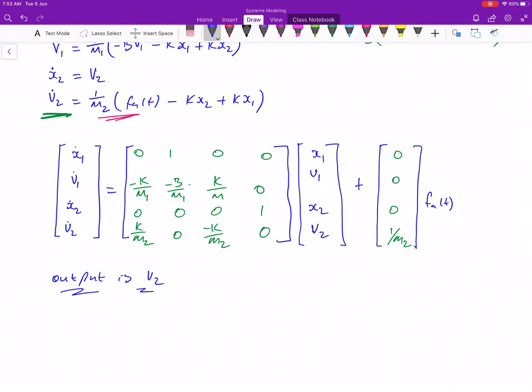So again, we are going to write our matrix output form. So we have x1, v1, x2, v2, and we are just going to distribute a 0 at x1, 0 at v1, 0 at x2, and 1 at v2. So this is our final result.